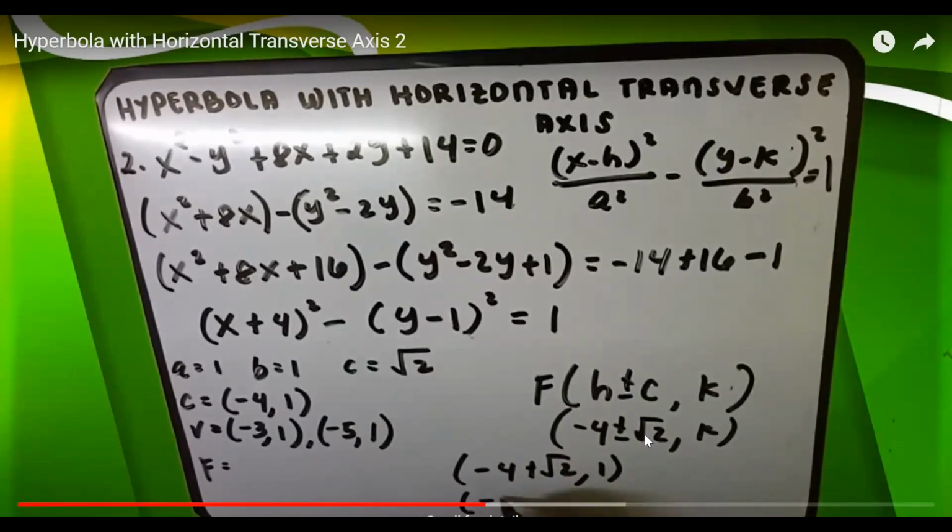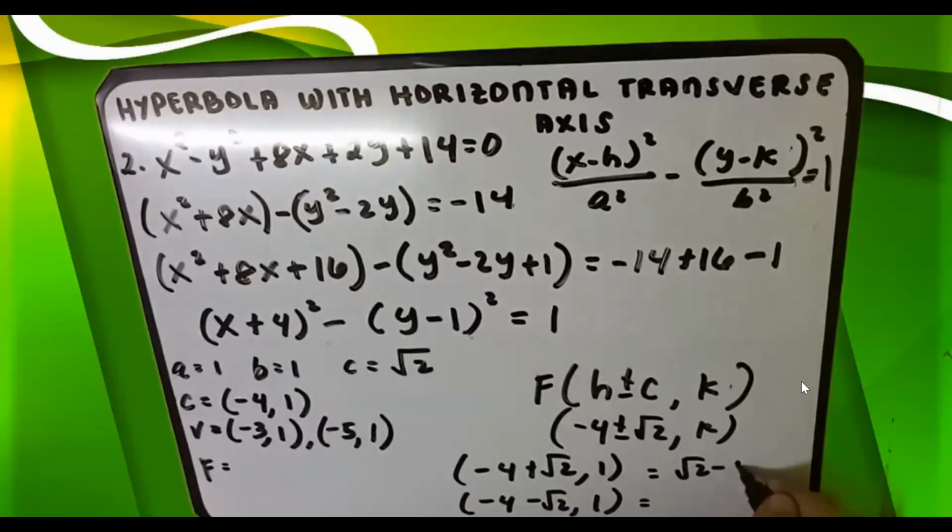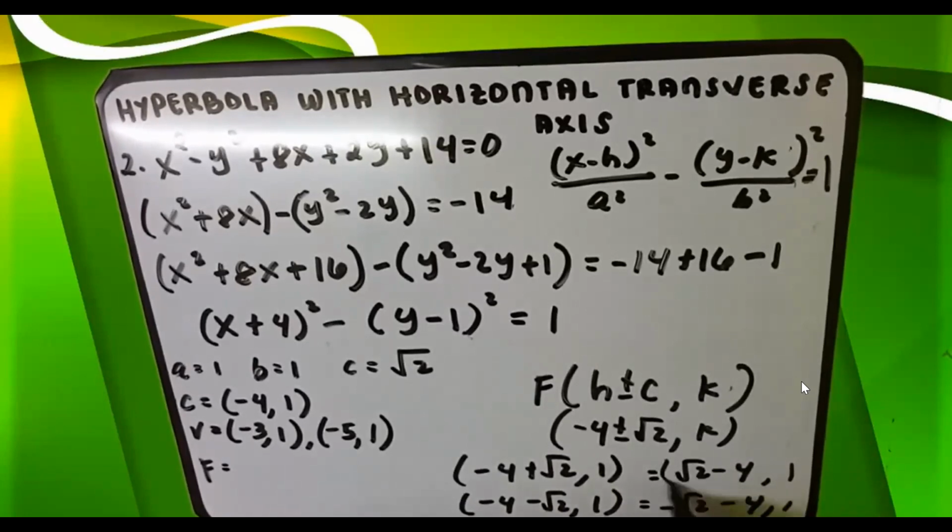And then negative 4 minus square root of 2, 1. So, since hindi naman natin siya masisimplify, pwede lang natin siyang i-rearrange as square root of 2 minus 4. Yung isa naman ay negative square root of 2 minus 4. And then 1, 1. So, kahit alin dyan sa dalawa.